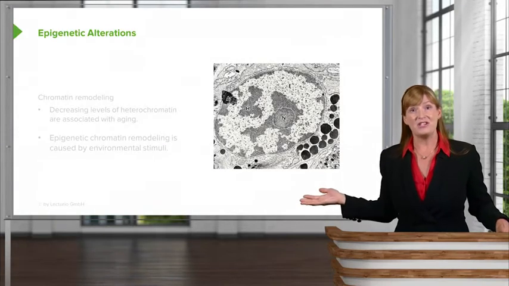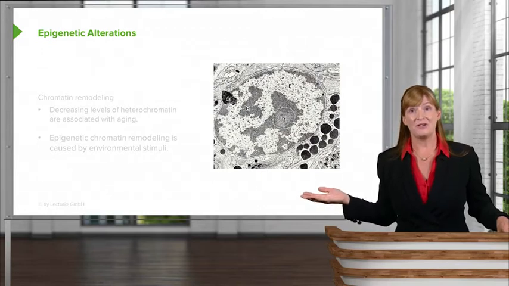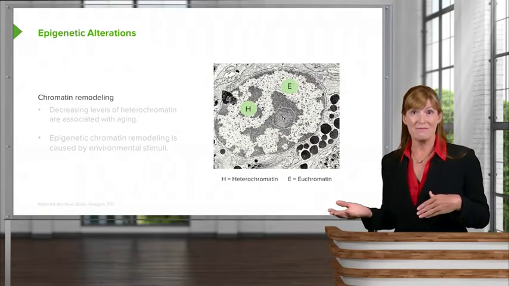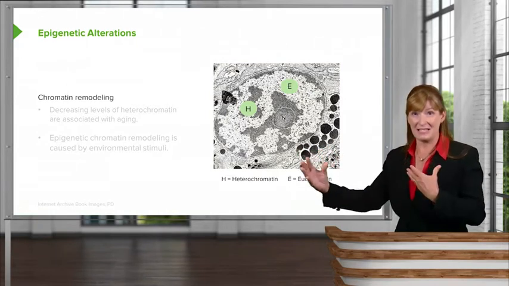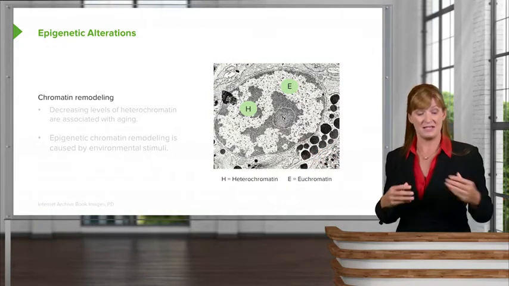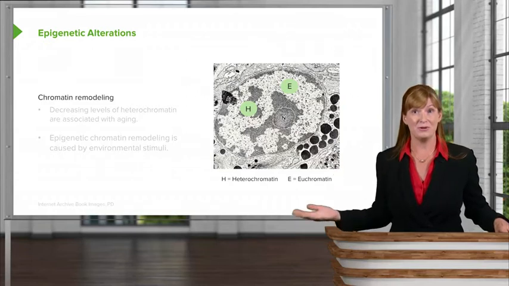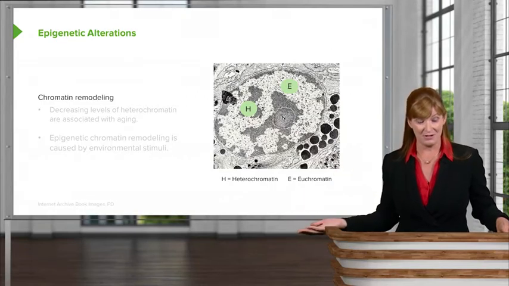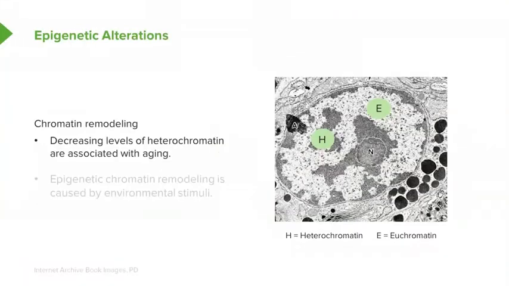And all of these epigenetic alterations lend themselves to the concept of chromatin remodeling. So remodeling the areas that are condensed versus opened, and thus the regions that are available for transcription and translation. So in general, we see decreasing levels of heterochromatin associated with aging, and epigenetic remodeling or chromatin remodeling actually is changed by some environmental stimuli.